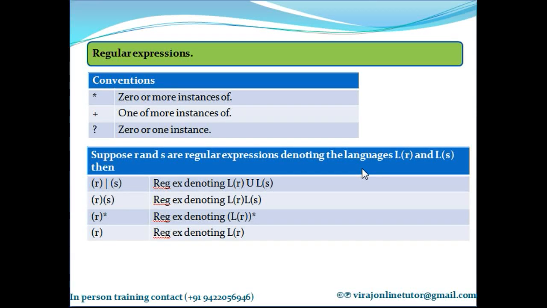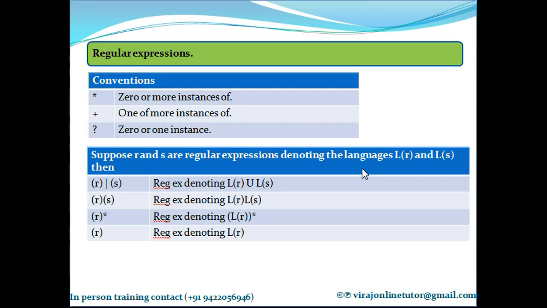For example, an alphabet is represented by sigma, which can contain letters from A to Z: capital A, capital B, capital C till capital Z. All these are examples of an alphabet. So it's a finite set of symbols.